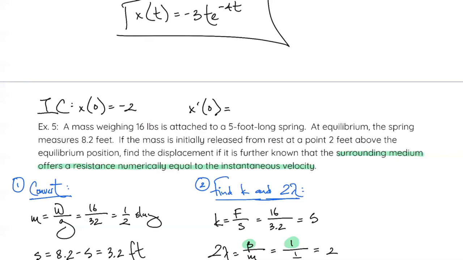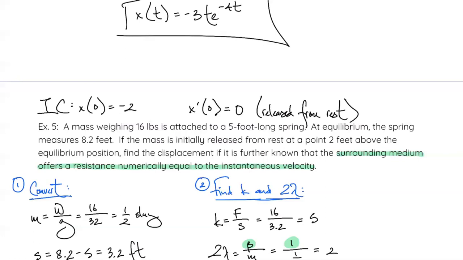And so what that implies is that our initial velocity is actually 0. Released from rest, that is the key phrase that tells us x prime of 0 equals 0.